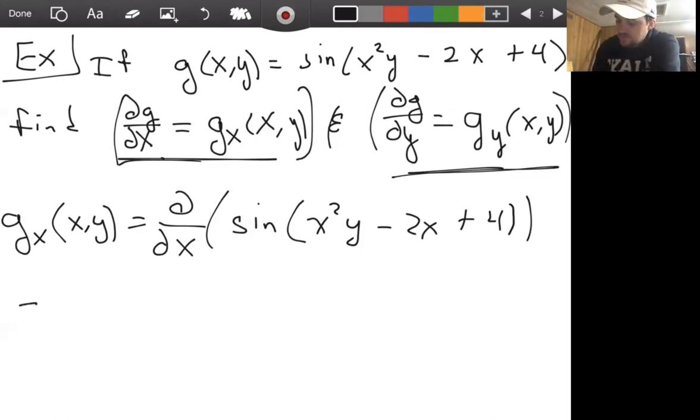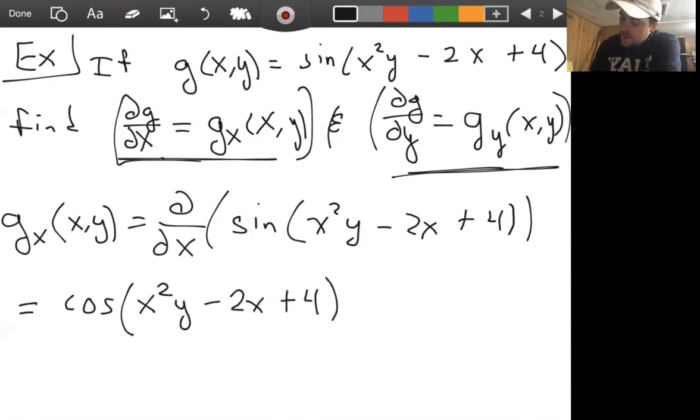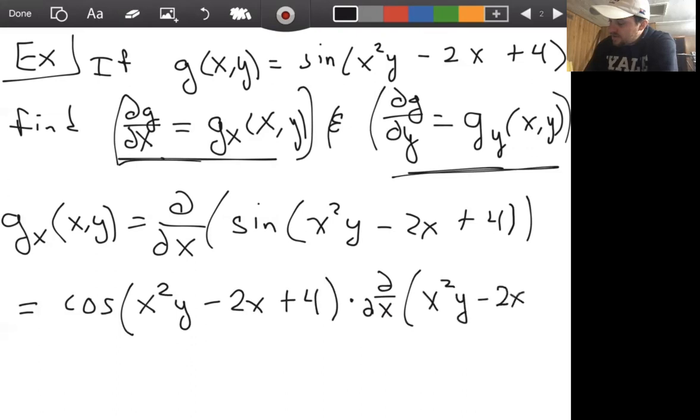The derivative of sine is cosine, and you leave the inside the same, so cosine of x squared y minus 2x plus 4. And then this is times the partial derivative with respect to x of whatever's inside the sine function, which is x squared y minus 2x plus 4.